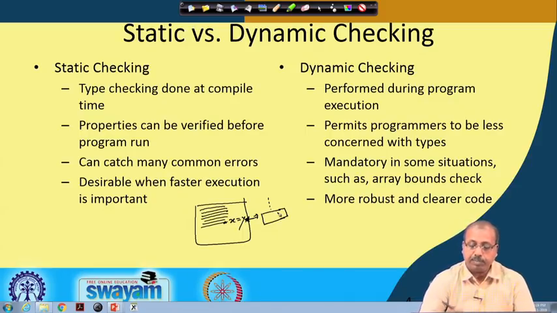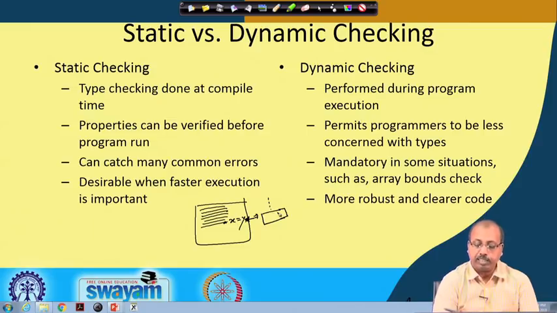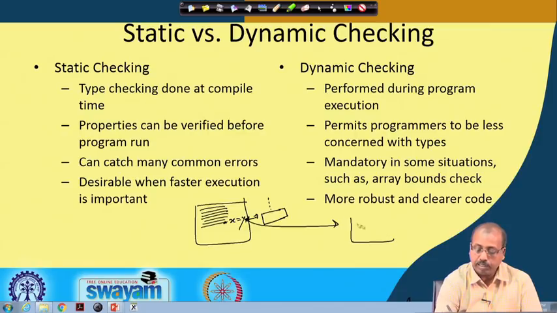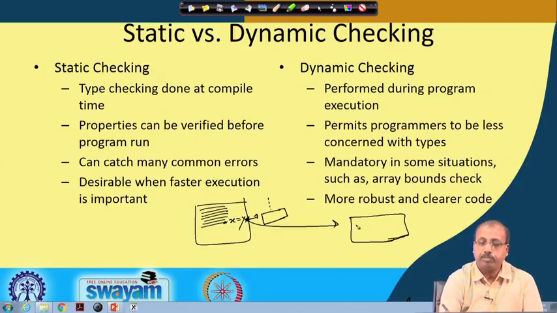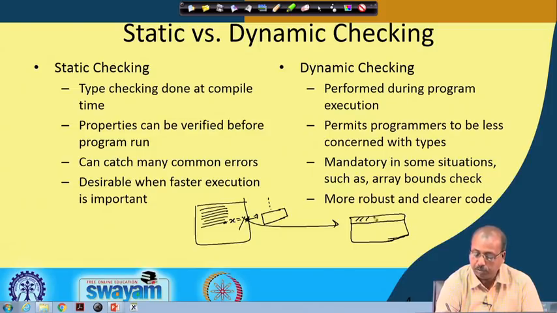But in dynamic type checking, when you are generating the code, apart from the assignment of y to x, you also have to have the code where the type checking will be done.